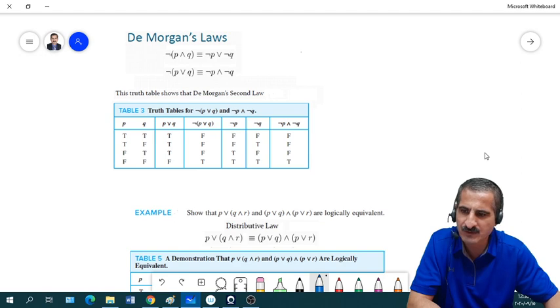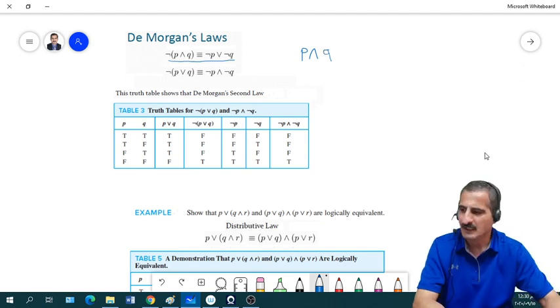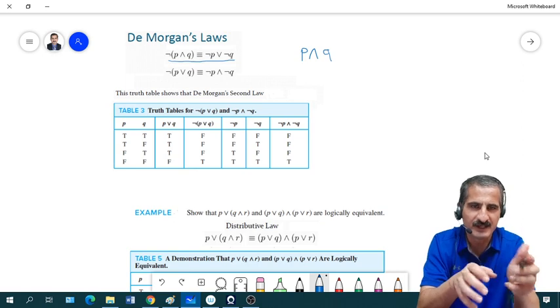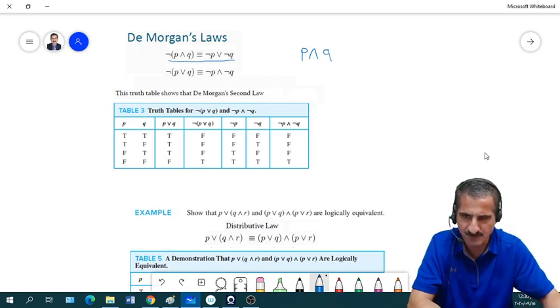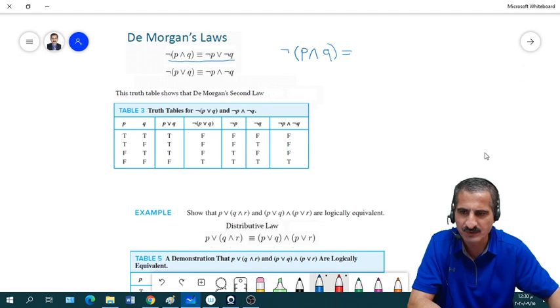If I have a compound statement, P and Q, and I want to negate that statement, what do I do? I take this statement and negate it. The answer is to distribute the negation over both of the two statements.